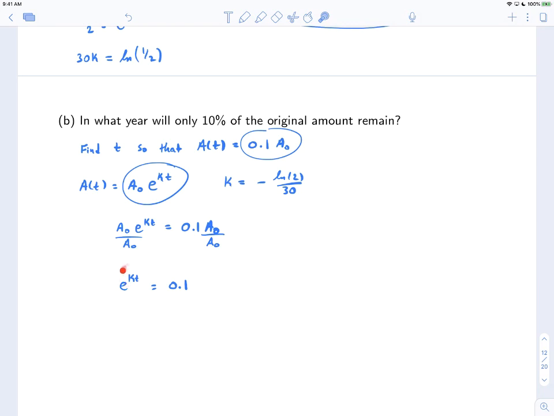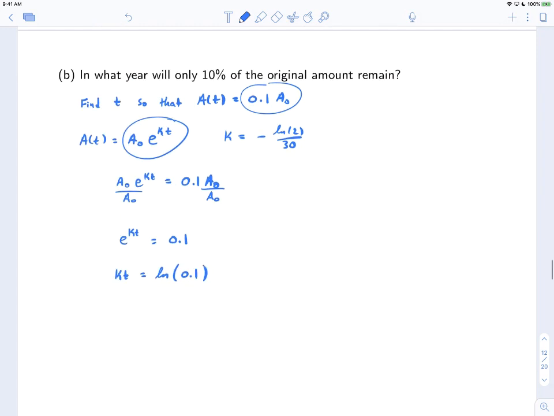So the next step is to get this t out of the exponent. What we're looking at here is that k times t is the power of e that gives us 0.1. So let's rewrite this as a logarithmic equation. k times t is the power of e, which is the natural logarithm, that gives us 0.1. Finally, we just divide everything by k. t is equal to ln of 0.1 divided by k. But we actually know what k is.